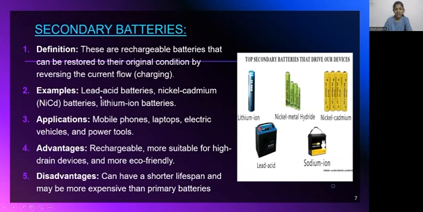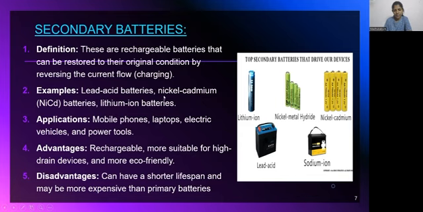In lead acid batteries, lead metal is the anode, lead dioxide is the cathode, and the electrolyte is H2SO4 solution, that is, sulfuric acid solution. Basically, for many batteries, liquids act as electrolytes.